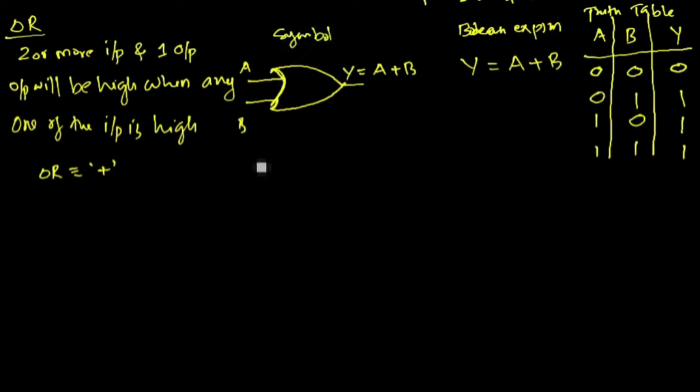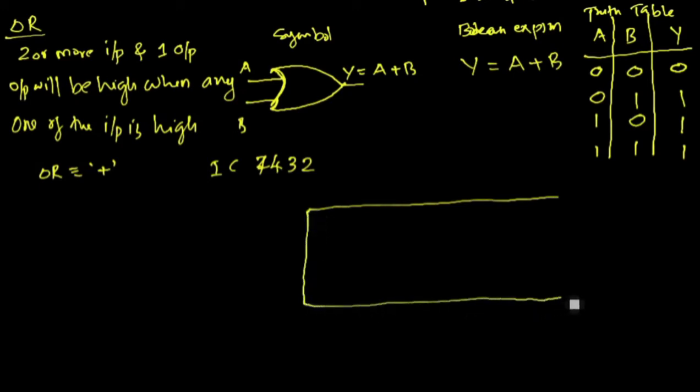Now the IC 7432 is a logical OR gate IC. It is also a 14-pin IC.